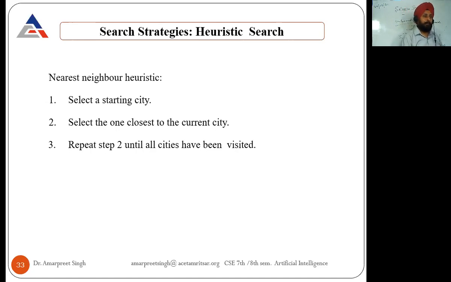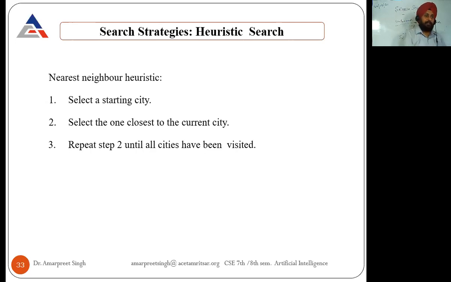Just as an example, in the traveling salesman problem, the nearest neighbor heuristic is applied. What type of heuristic is applied there? Say the salesman is at a particular starting city. From here he can reach any of the cities, but he chooses the closest city to the current city. He moves to the closest city, and the cities he has already visited he crosses out.